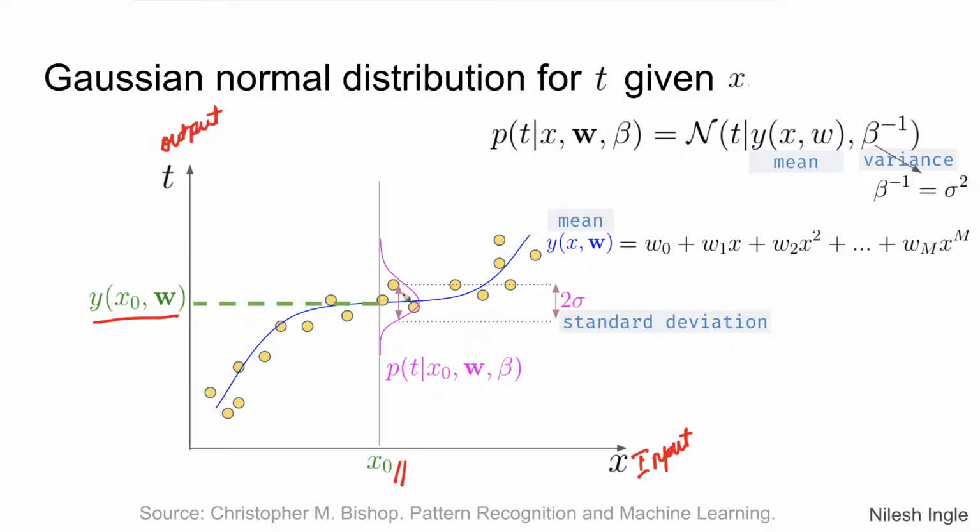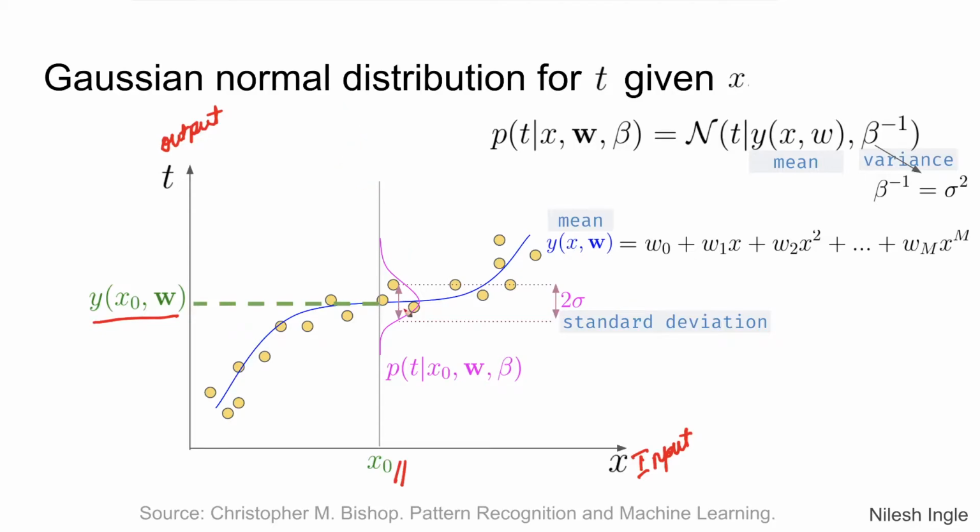And with this distribution, what we get in the output is the uncertainty associated with the predicted value. So rather than just one value, we are predicting a range of values that are possible.